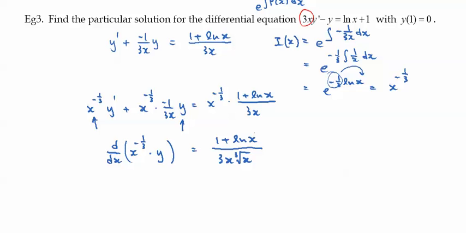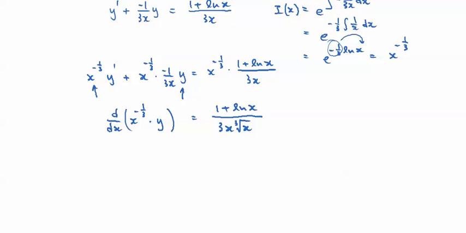Don't know if it would help, but it looks easy to deal with. And now I can integrate this. Integrate this with respect to x. And integrate this with respect to x. Looks really complicated to integrate on the right hand side.